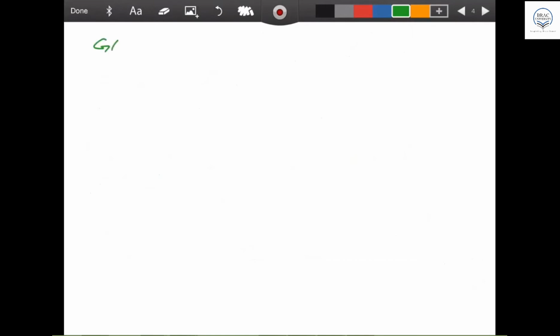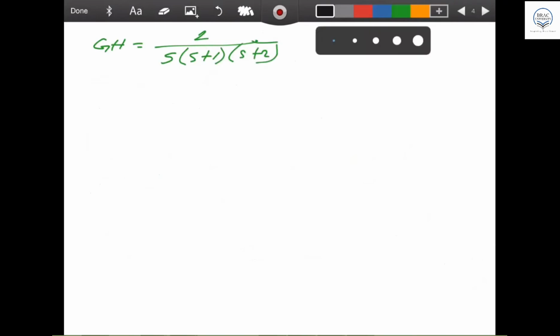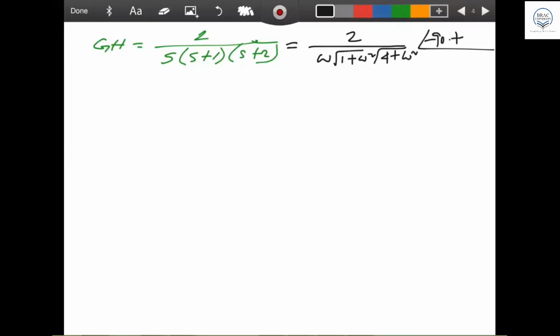Now let's come back to the point. If GH equals 2 divided by S into S plus 1, S plus 2, then as we know, you can find the value as 2 divided by omega times root over 1 plus omega square, times root over 4 plus omega square, with the phase angle being minus 90 minus tan inverse omega minus tan inverse omega by 2.